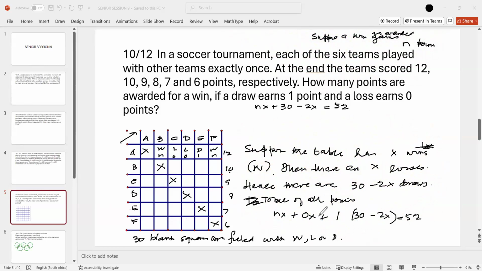This is what I'm rewriting. 1 times this is itself. 30 can be brought to the other side, and you have nx minus 2x is 52. I can take x out as a common factor. So you have x into n minus 2 is equal to 22.